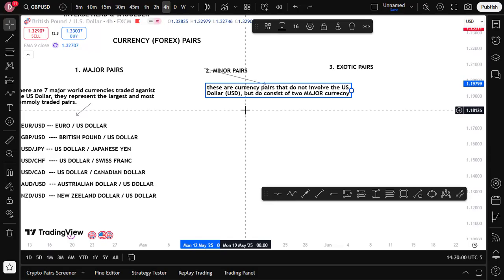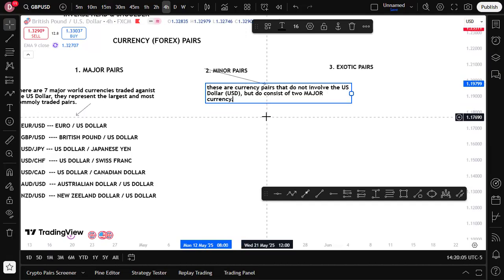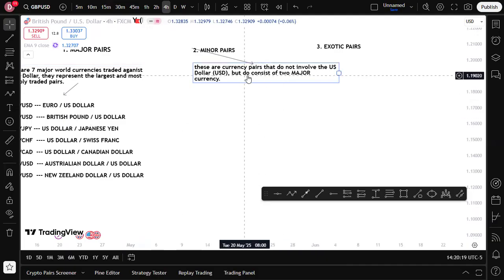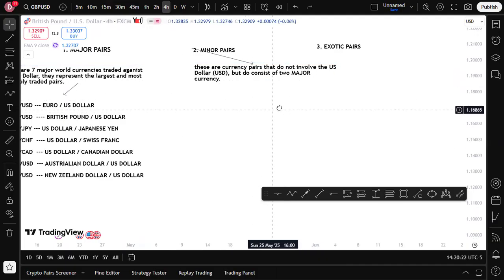Now I'm also going to give an example of this. For the minor pairs, these are currency pairs that do not involve the US dollar. That means when they are paired, they are not paired with the US dollar, but they do consist of two major currencies.